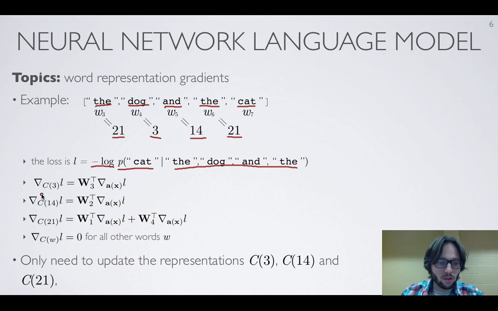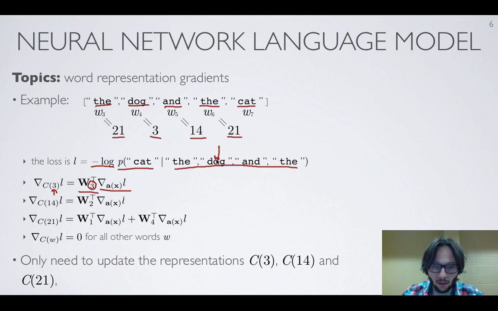Now, if we're interested in the gradient for the word with ID 3, so that's dog, then it's going to be the gradient with respect to the pre-activation of the neural network multiplied by the transpose of the part of the input connections that connects the word at relative position 3. We take the transpose of that, and that's what we multiply with the gradient of the pre-activation.